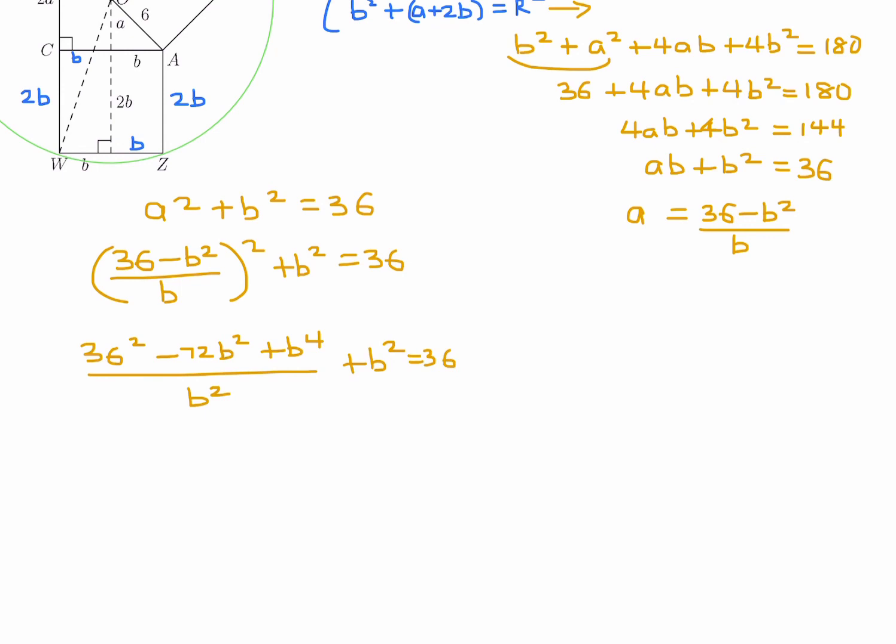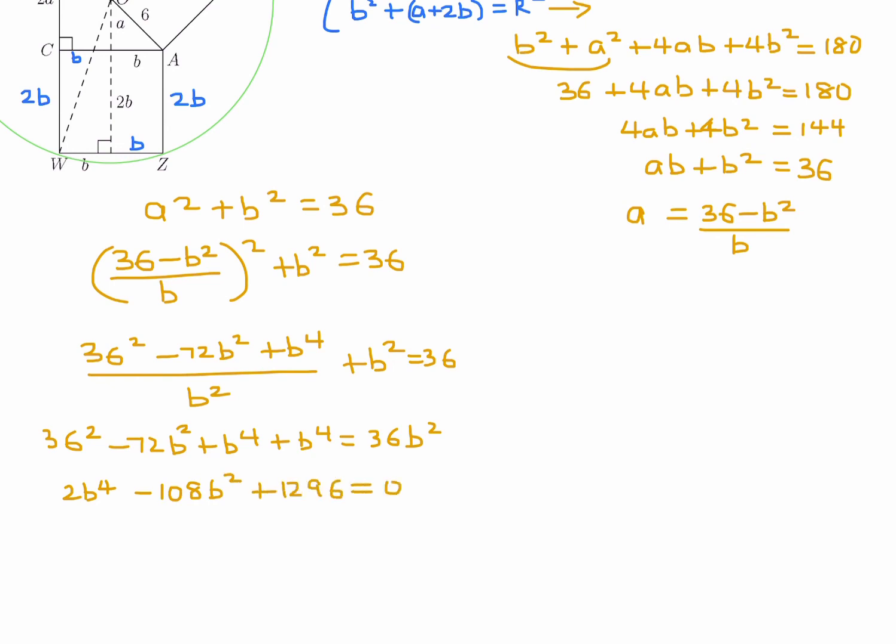Multiply through by B squared and you'll get 36 squared minus 72B squared plus B to the power of 4 plus B to the power of 4 plus 36B squared equals 36B squared. Put everything on one side, and when you do, you get 2B to the power of 4 minus 108B squared plus 1296 is equal to 0.